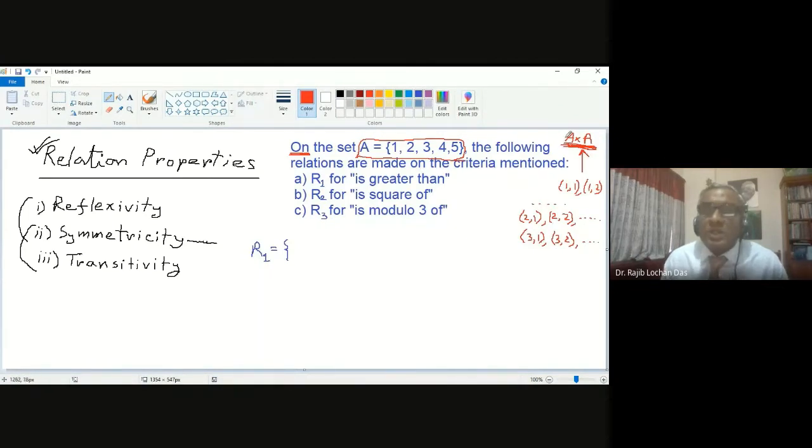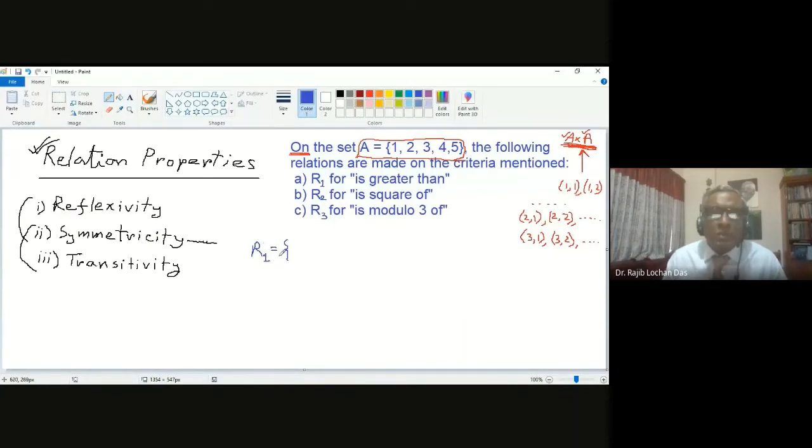Both of the sets are A, so you understand how the pairs are made. This is your situation interpretation.